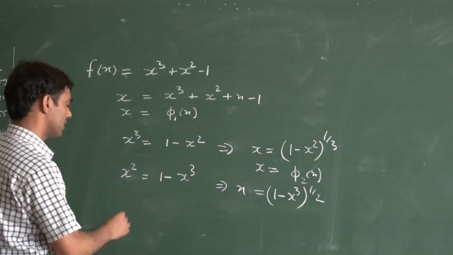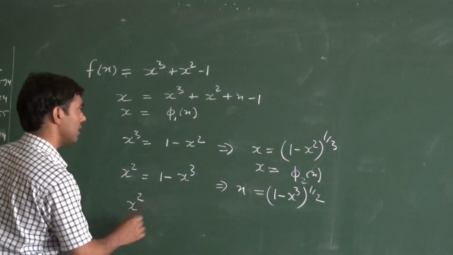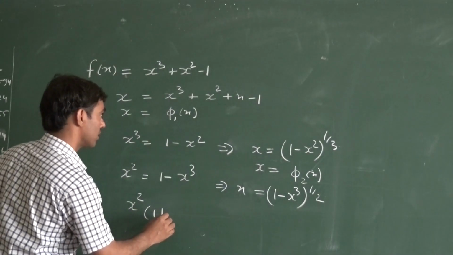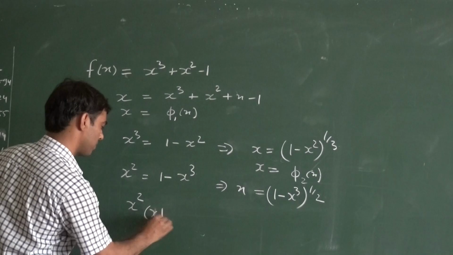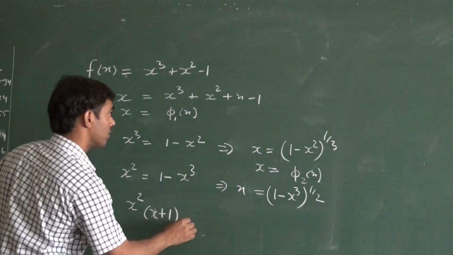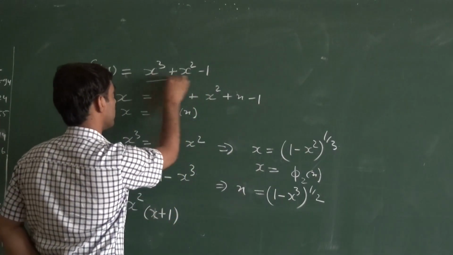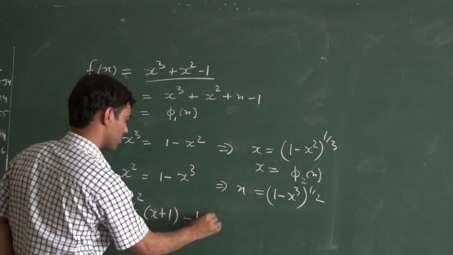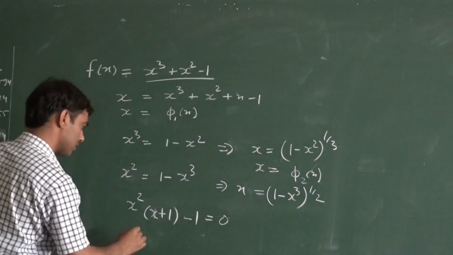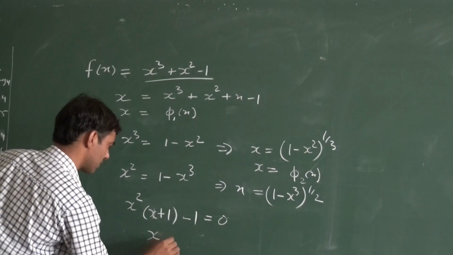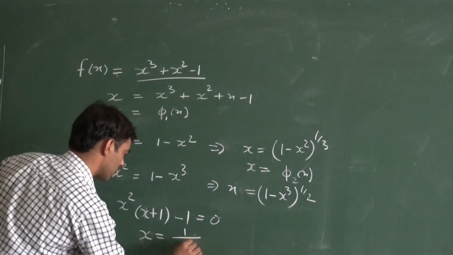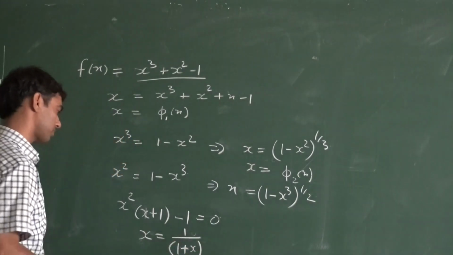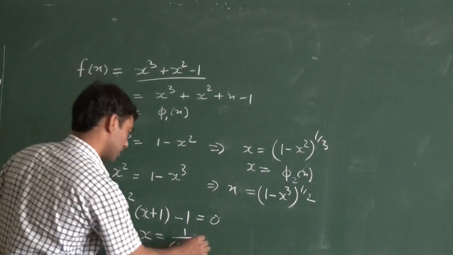Another form: we write x square, and this becomes x square times x plus 1 minus 1 equal to 0, and if we simplify this, then x equals 1 upon 1 plus x to power 1 by 2.